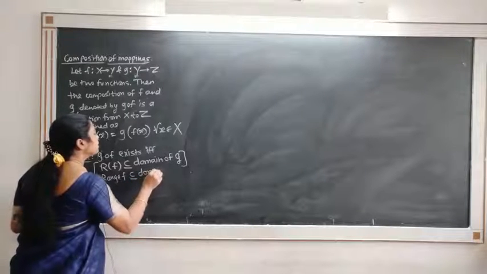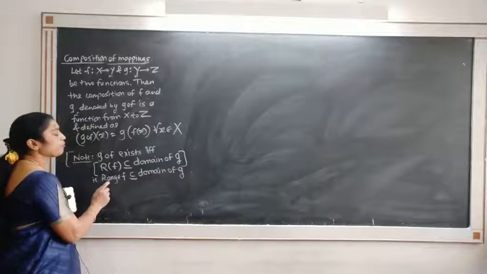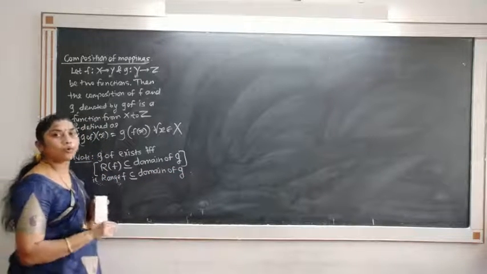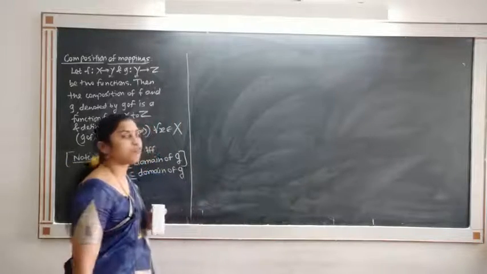It is not necessary that they should be equal, but the condition is that the range of f must be a subset of the domain of g, and then only are we able to find (g composite f)(x).